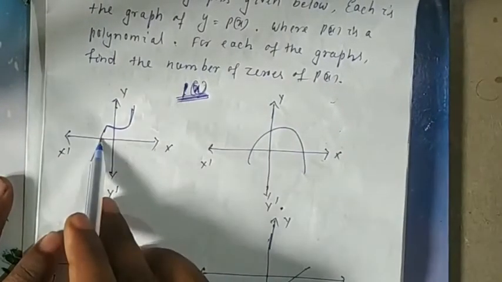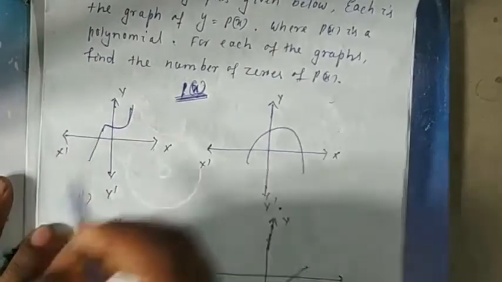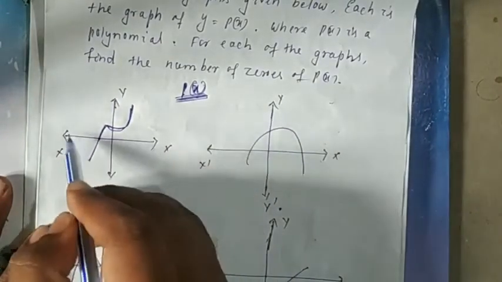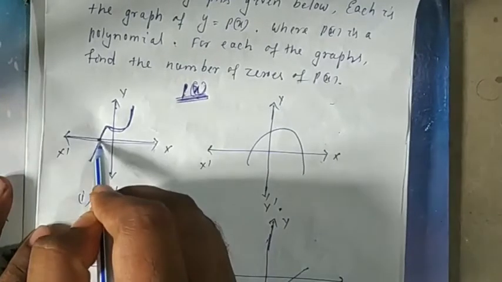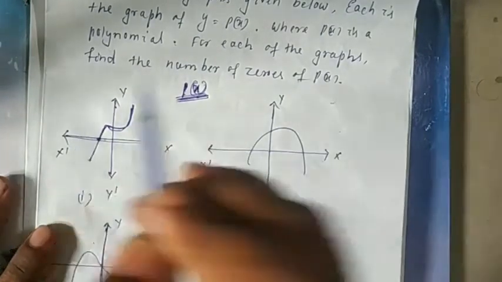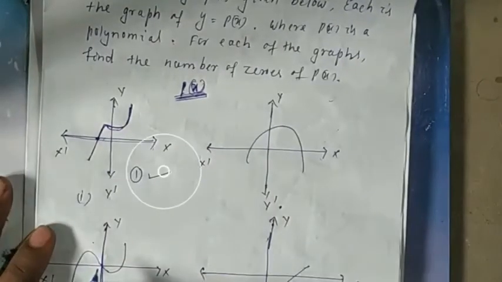In figure number 1, the graph of this polynomial intersects the x-axis only in one point. So the number of zeros of this polynomial is 1.